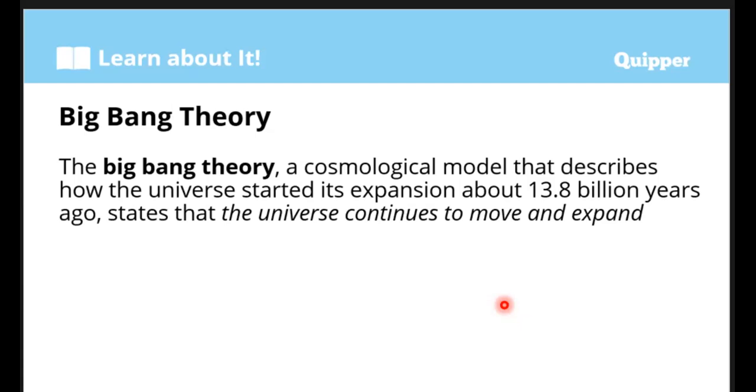According to this theory, by the way, this is still a theory. There are some levels of facts or concepts introduced in science. There is a hypothesis, which is an estimated guess. Then we have a theory, which is an acceptable fact, but it is not yet proven.